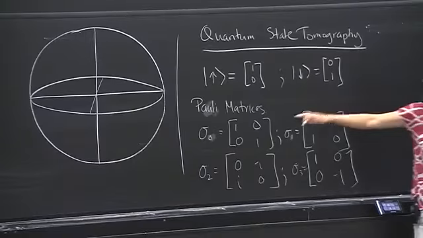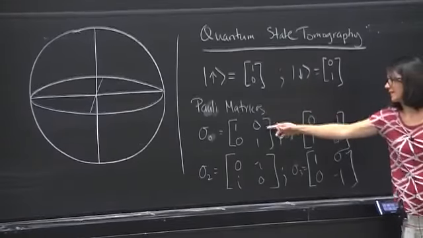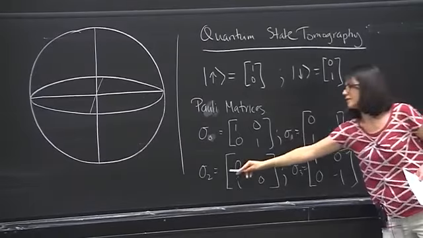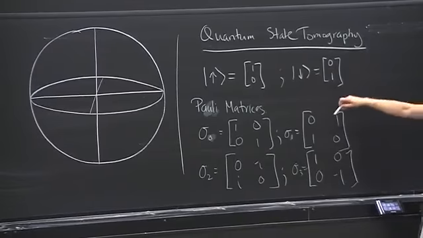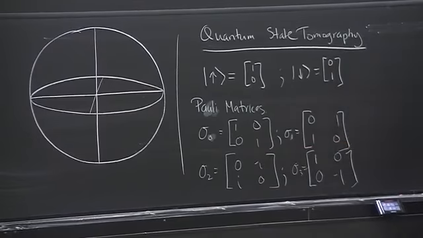This one is not strictly a Pauli matrix, it's the identity. And then I've just relabeled them as 1, 2, and 3, but they correspond to the X, Y, and Z Pauli matrices. These 4 matrices form a basis for a two-dimensional system.